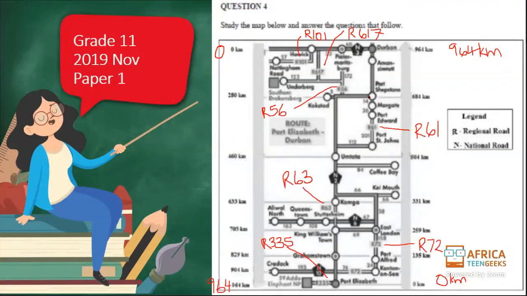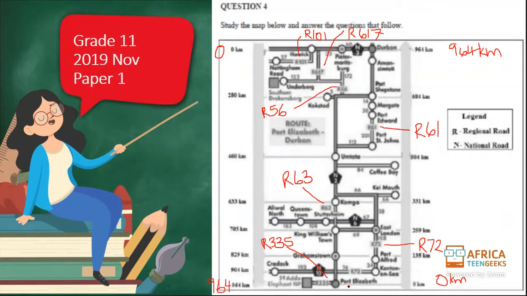Okay, so now that you understand what is happening here, lastly it says route PE to Durban, right? So a distance between Durban and PE. If you're moving from Durban, it's at 0. By the time you've reached PE, there's PE, by the way, you'd have traveled 964 kilometers, and vice versa.